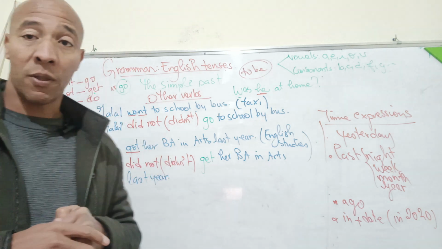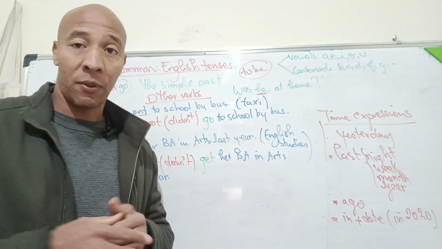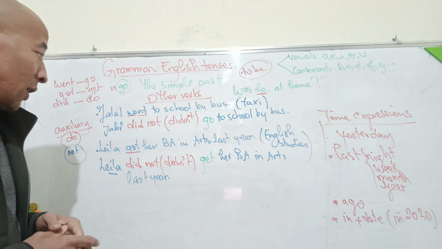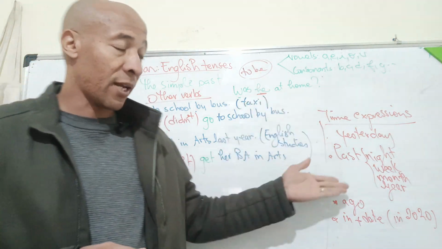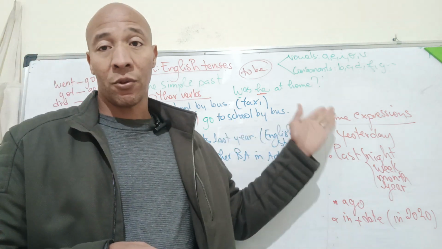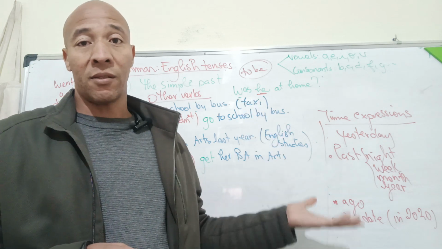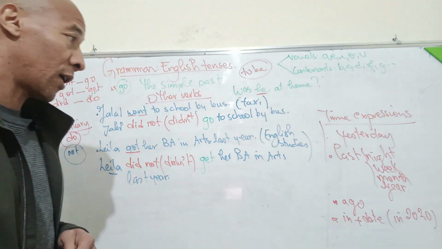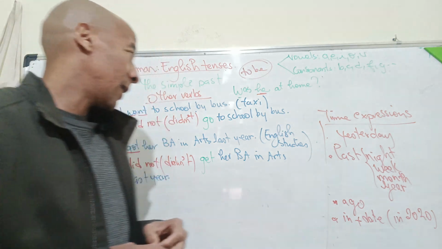What happened to the verb sometimes if we stress, for example, the syllable and it would double the consonant. We also saw some time expressions, okay? And we said that if we have those expressions, of course, the action takes place in the past, which means that verbs have to be transformed into simple past, okay?